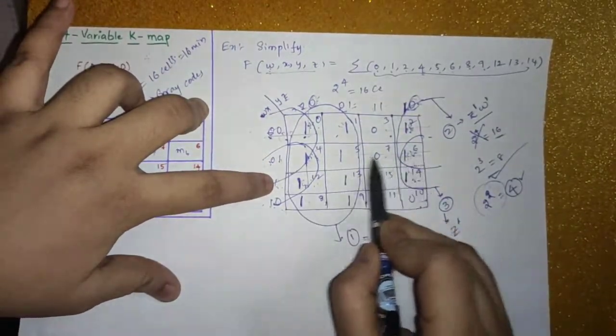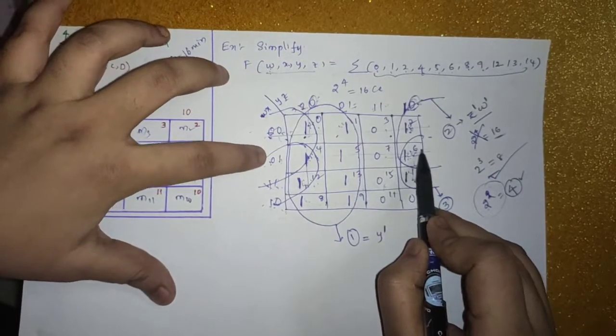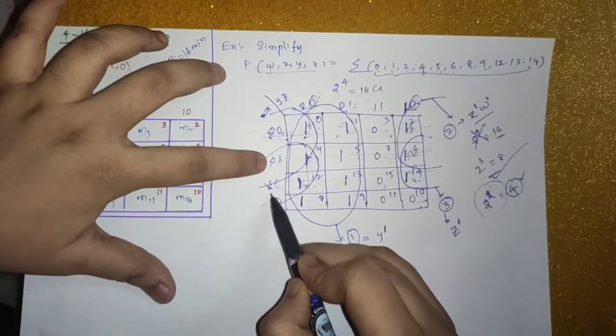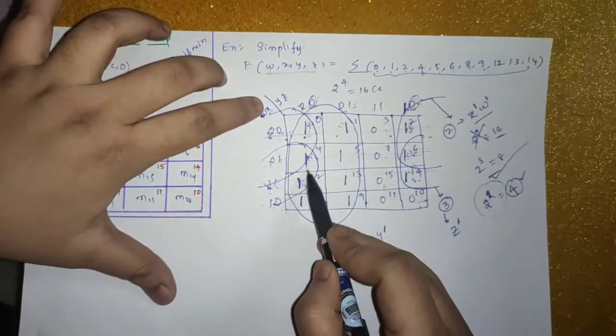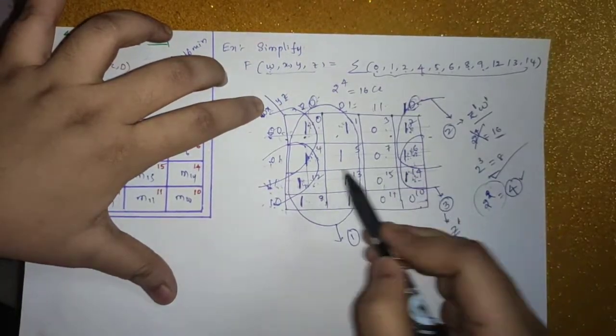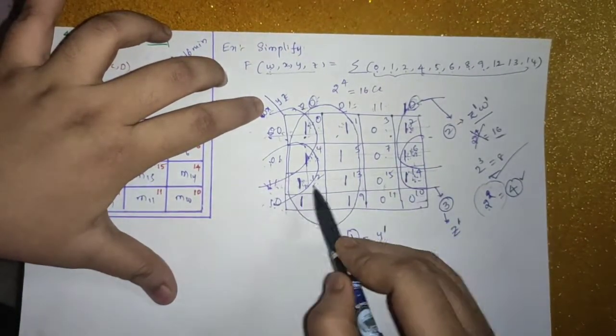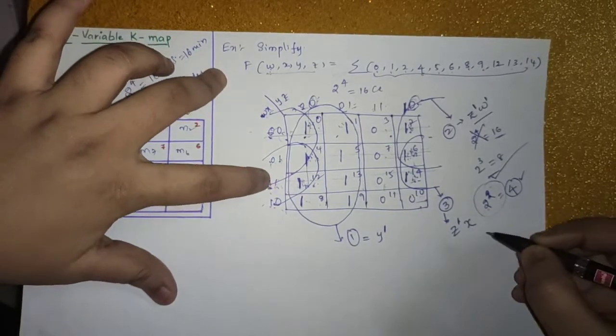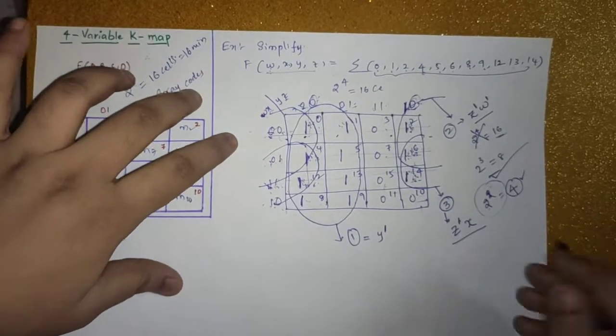And in this column the value of w is 0, in this column the value of w is 1, so it is varying, ignore that. Go for the value of x: in these 2 ones the value of x is 1, and in this also the value of x is 1. Yes, x is not varying, the value is 1, write it as x only.